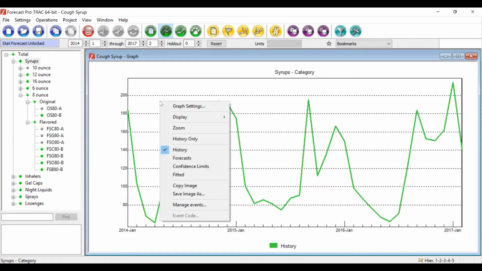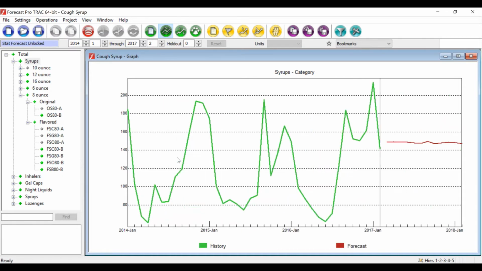So to take a look at what that looks like, let's put in the forecasts. And this red line here is now showing us the forecast, and it's pretty flat. So we see no seasonality. The data looks very different from the history here. And this is not a forecast that we want to take to management or anybody.